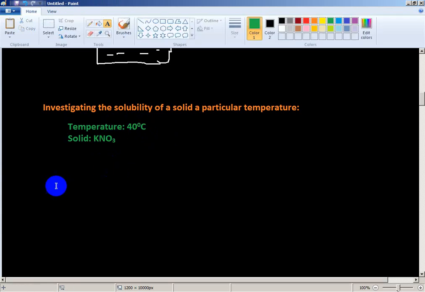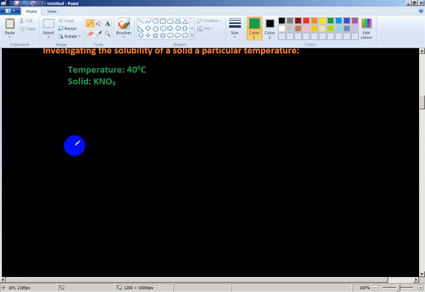So at first what will you do? You will weigh an evaporating basin. This is the evaporating basin. Here I'll take my solute in this evaporating basin.